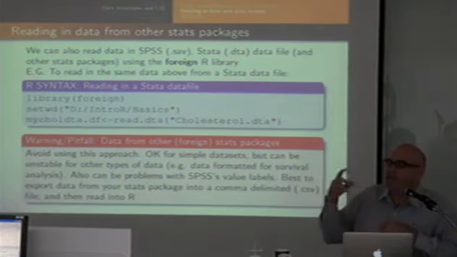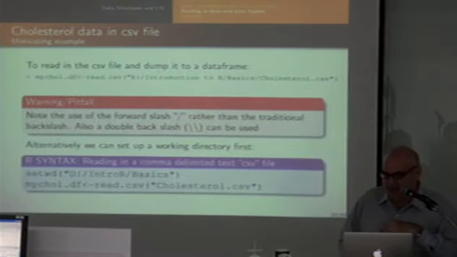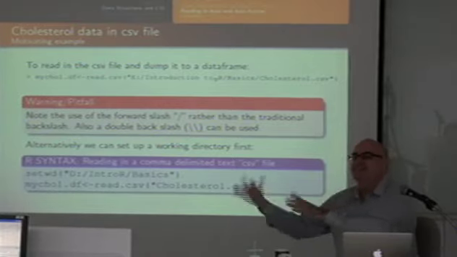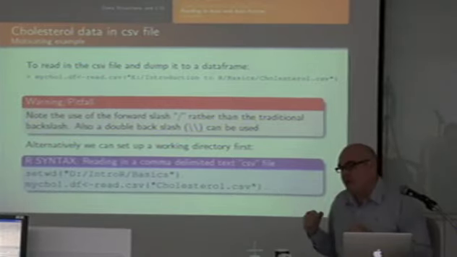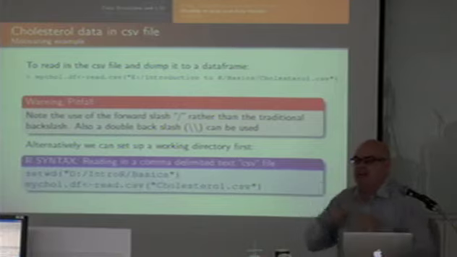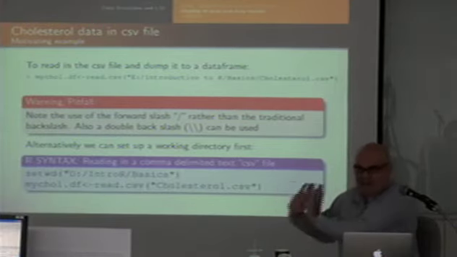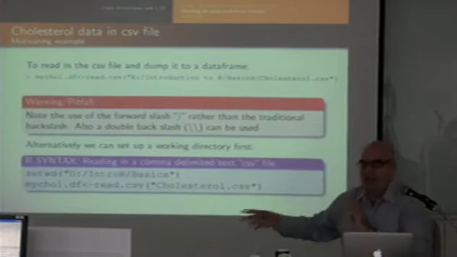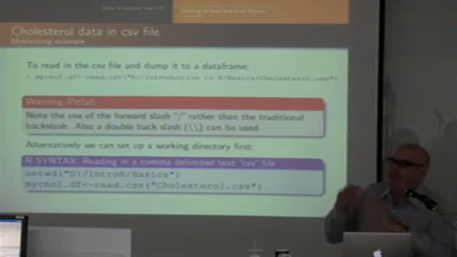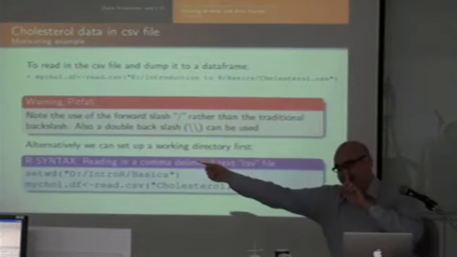If I was just going to use this directory once, I might do something like this. But by setting the working directory, you're saying, here's the directory I'm going to do all my work from. I'm going to read data to it, I'm going to save files to it, and so on. So it just means I don't have to write that big string of characters.